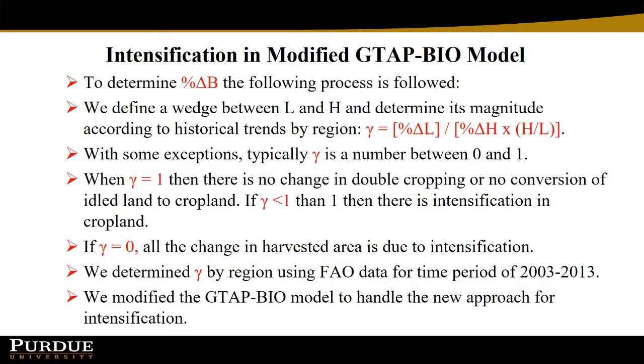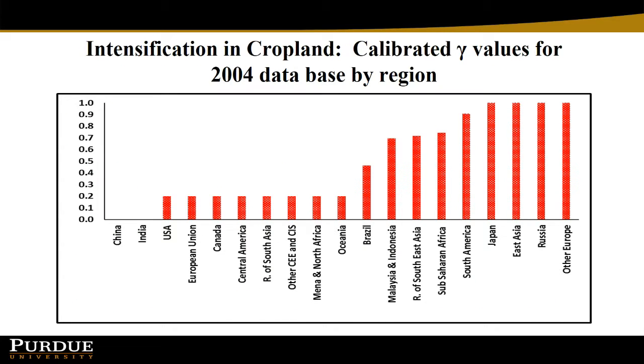And then, as I mentioned, the older version of GTAP assumed that change in land is equal to change in harvested area. We changed that assumption entirely, and now the model is going to use it in a different way. I'm not going to explain that much. But here you can see that we define a new parameter in the model which captures the link between harvested area and cropland based on actual observations.